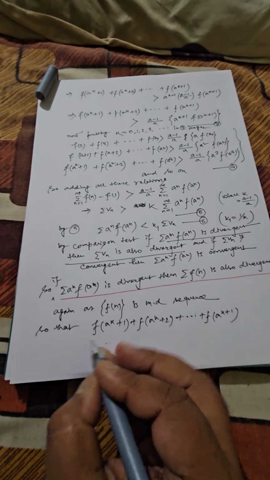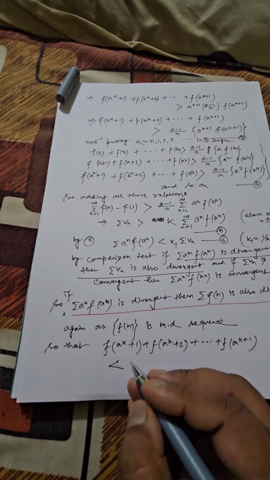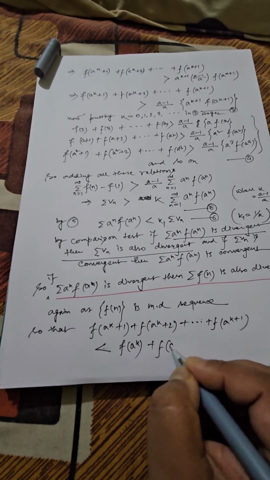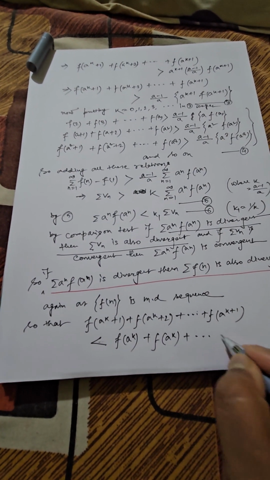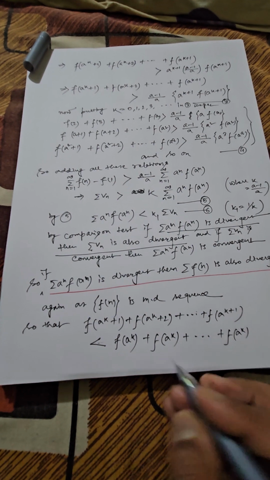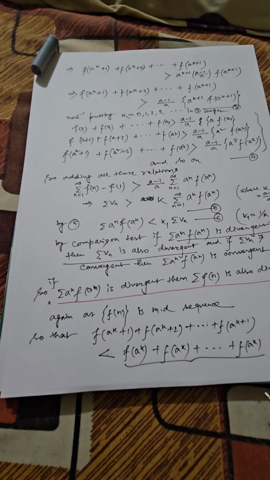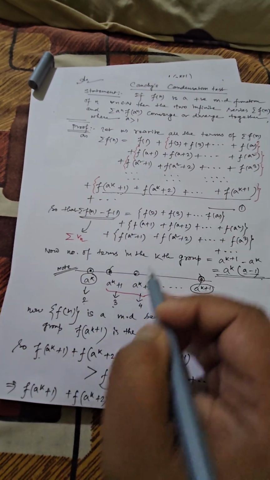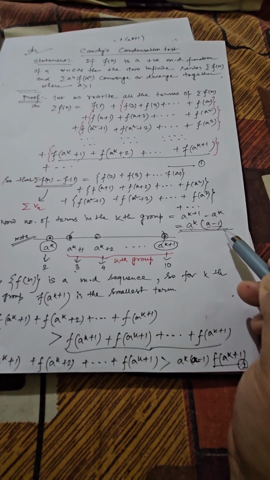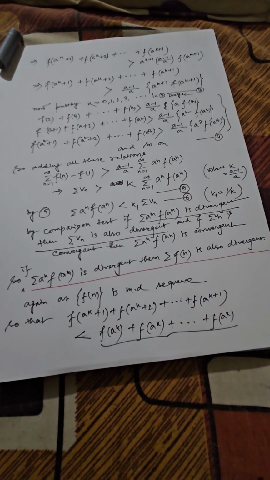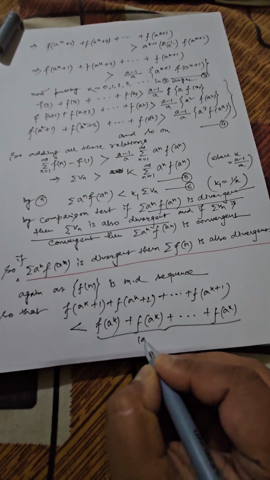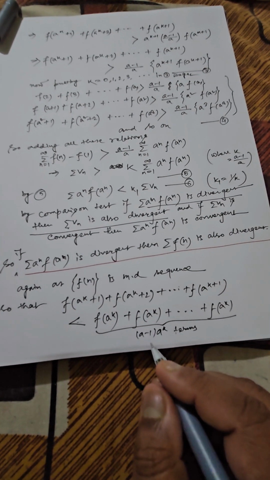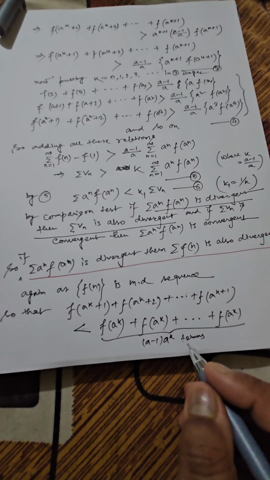So this portion can be made less than f of a^k plus f of a^k plus dot dot dot f of a^k. Now how many terms are there? Remember, we have already discussed that in the kth group we have a^k into (a minus 1) number of terms.